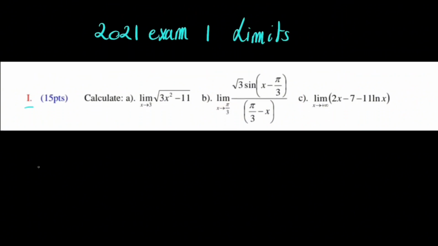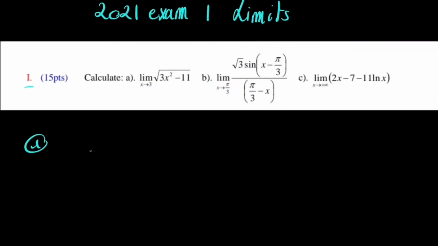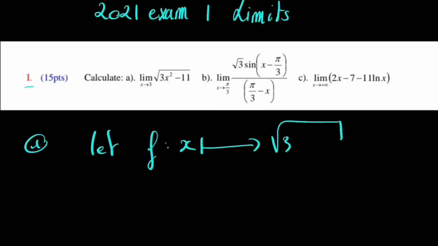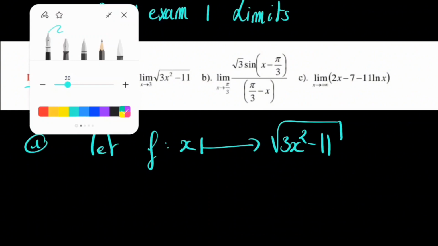So the first limit, we're going to name f the function under the limit, so that given x gives square root of 3x squared minus 11.